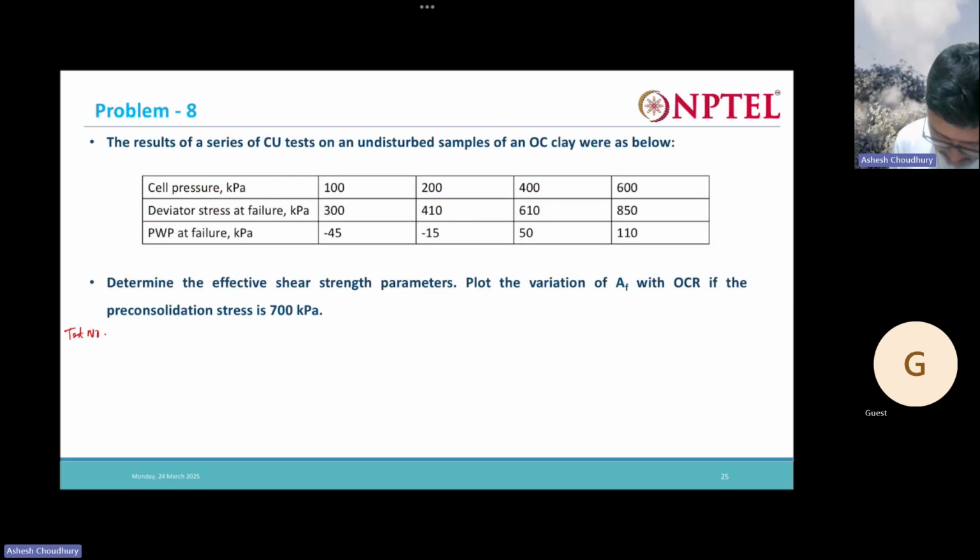Then we have sigma 3 at failure, then sigma 1 minus sigma 3 at failure, then sigma 1 at failure, sigma 3 prime at failure, and sigma 1 prime at failure.